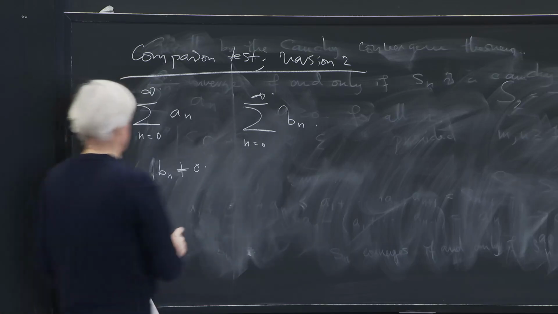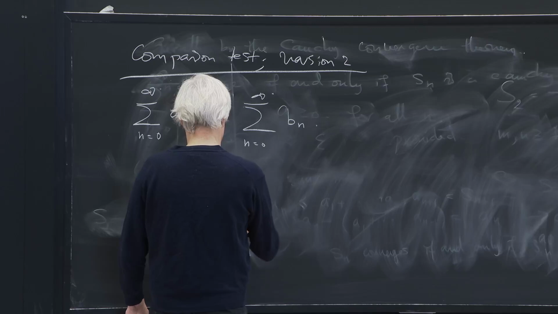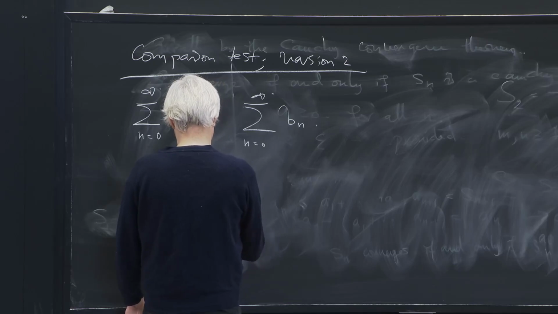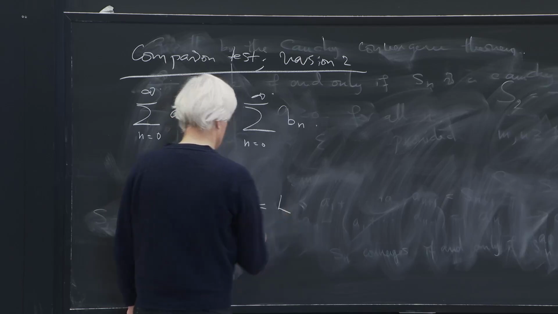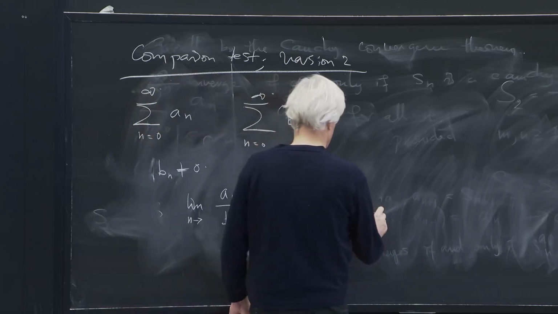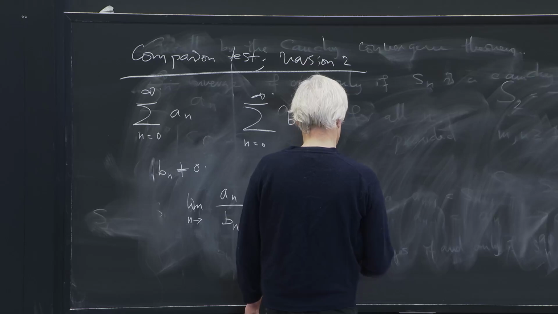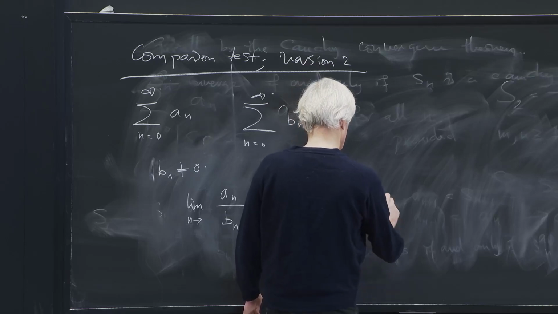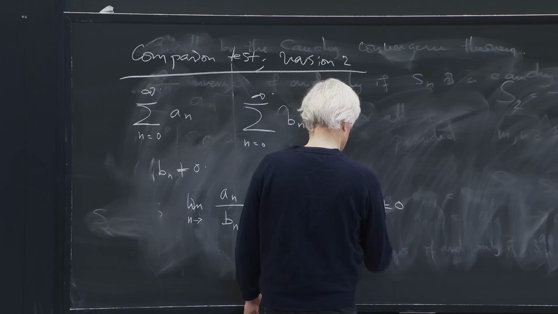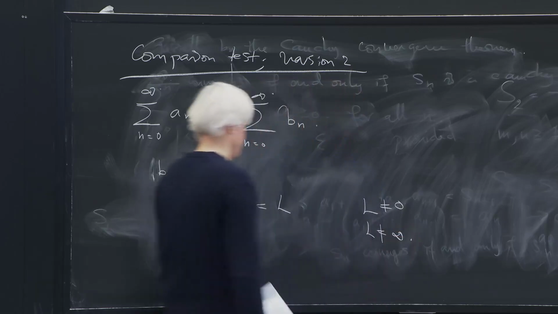And you know that the ratio An divided by Bn, as n goes to infinity, converges to some L, and L here is not 0, and it's not infinity, meaning that it really is a limit.